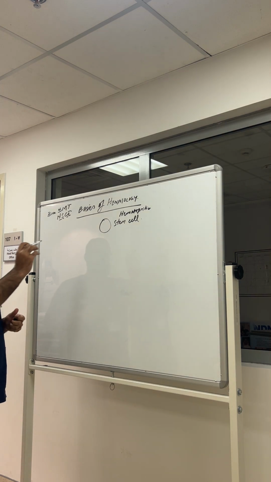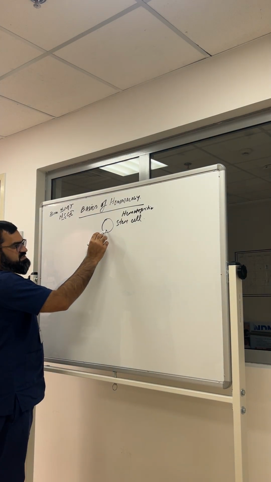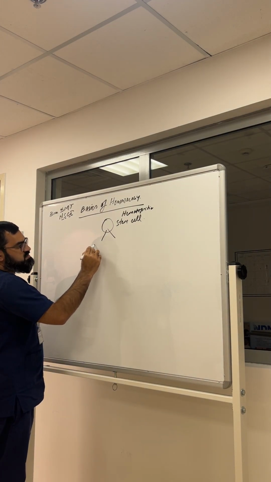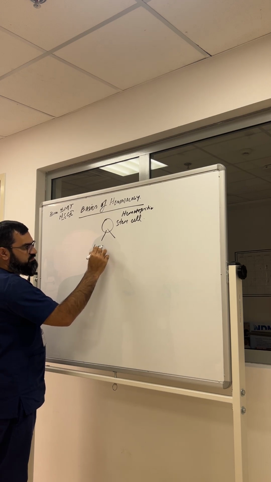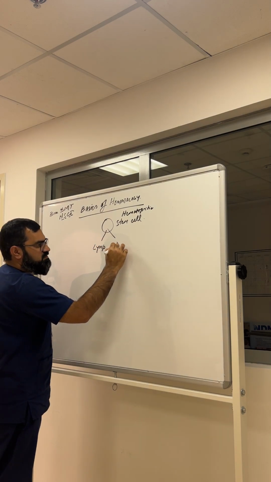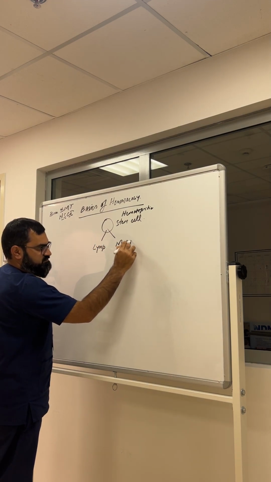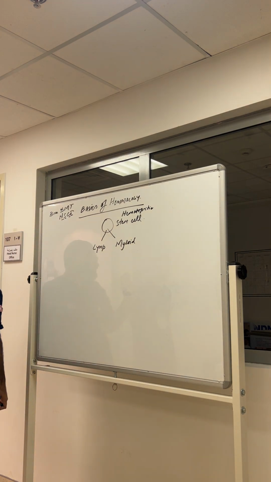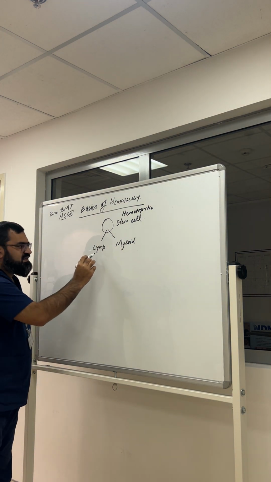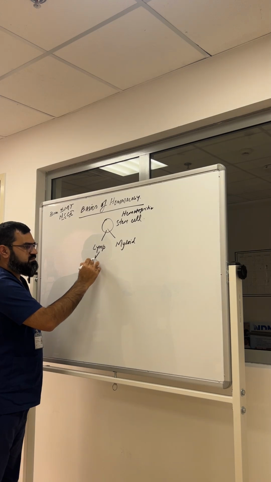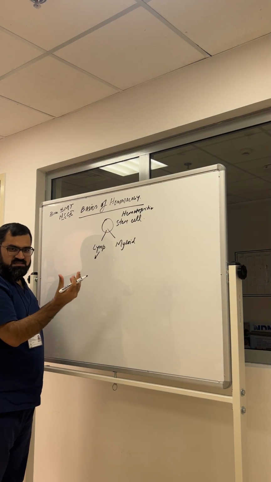Okay. This cell has two basic lineages. One is called the lymphoid lineage and the other is called the myeloid lineage. The lymphoid lineage then further makes what? A lymphoblast.